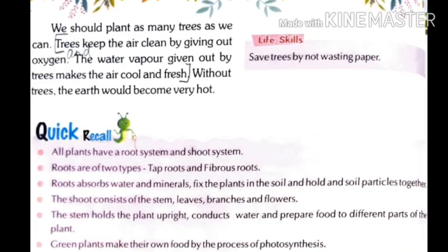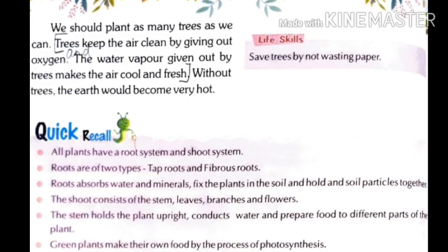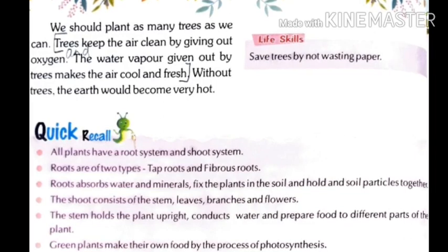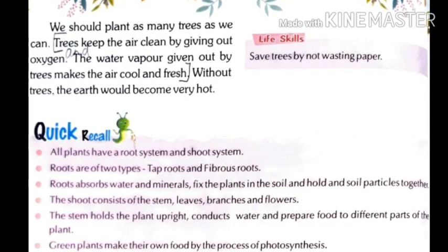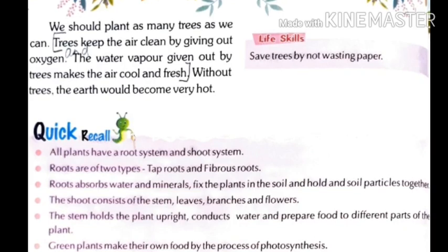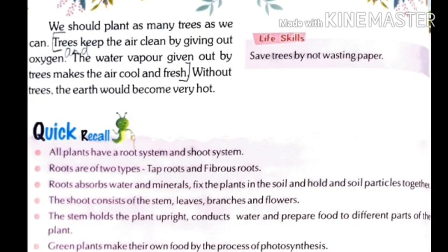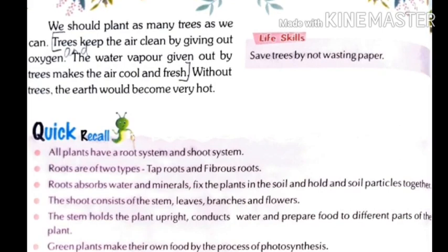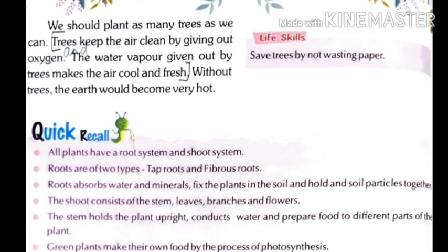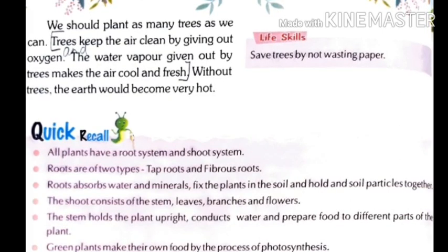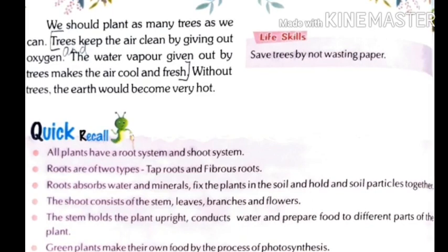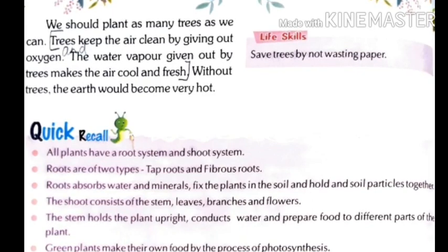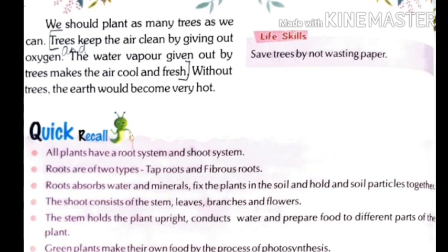So we have to plant more and more trees, because only because of trees we get oxygen, and the water vapor given out by the trees makes the air cool and fresh also. And if we have fewer trees, the earth would become very hot.